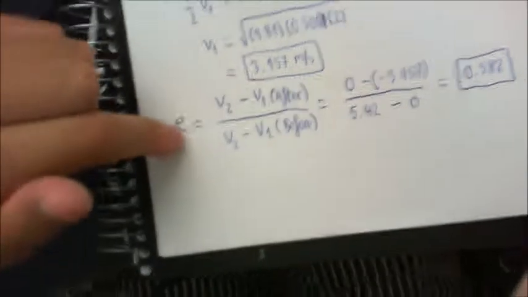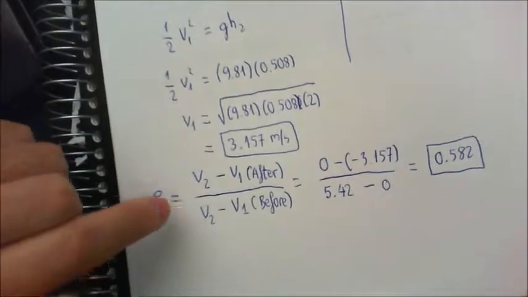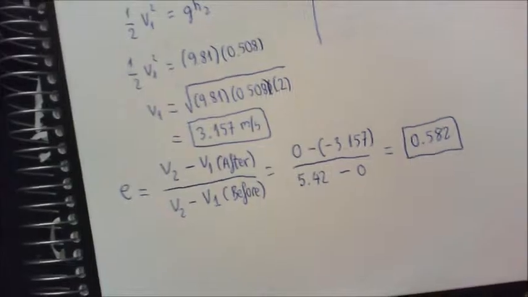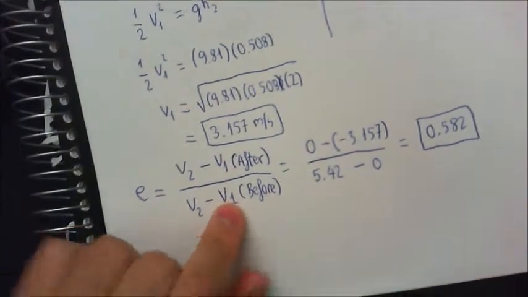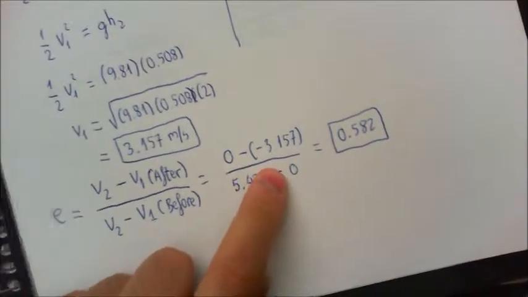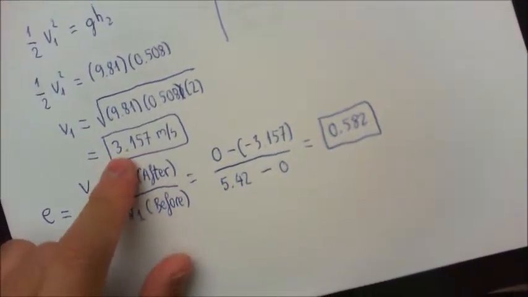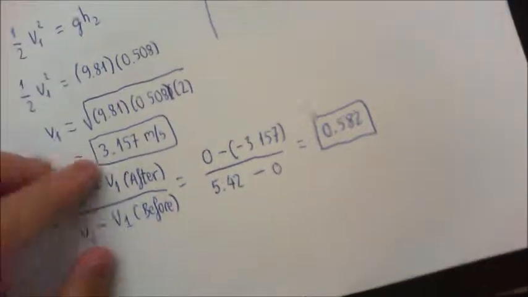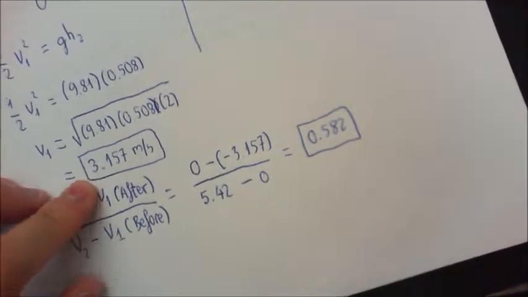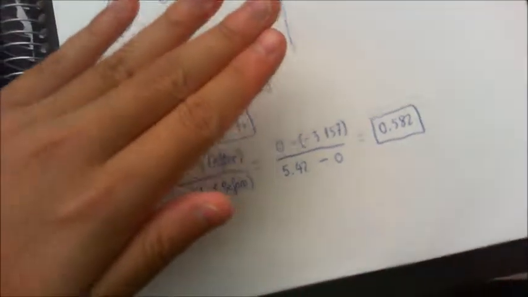After all, we just plug in the relative speed after collision over the relative speed before collision. As you can see, this is after the collision, and this is v1, which is when the ball starts moving up.